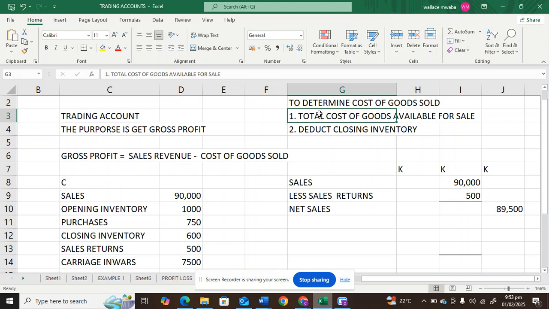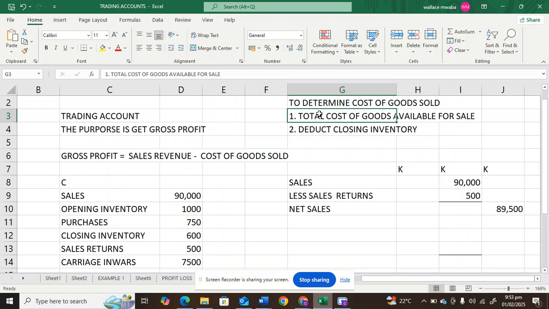Once you get that, you need to deduct the closing inventory. Remember, you cannot make profit out of goods that you haven't sold. And according to the matching concept in accounts, revenues earned should match expenses incurred. So we're only interested in the cost of the goods sold.